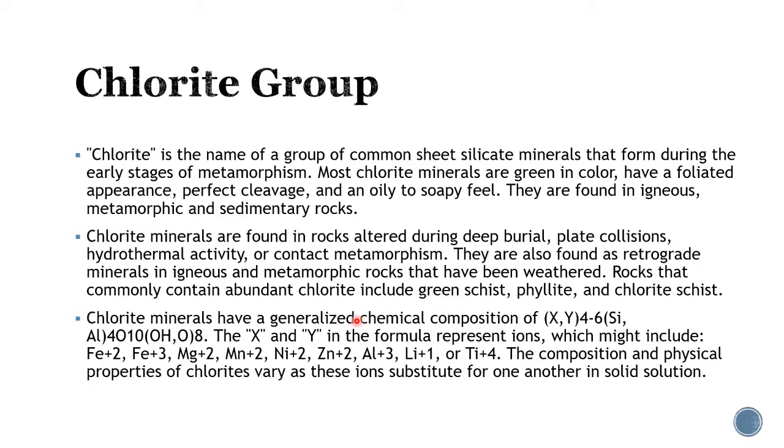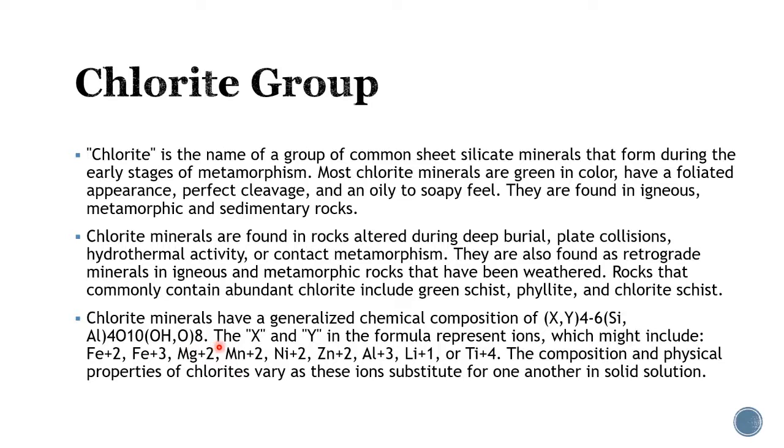Now, chlorite minerals have a generalized chemical composition of (X,Y)4-6 Si,Al 4 O10 (OH)8.